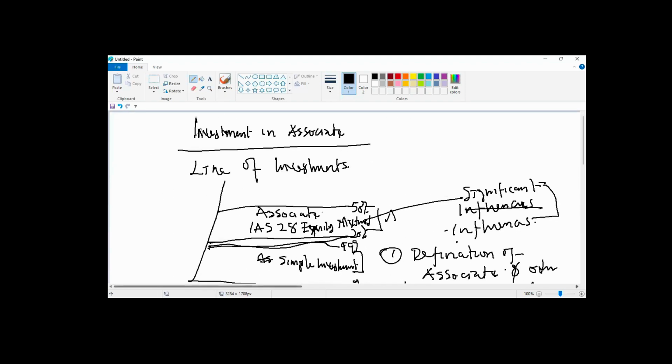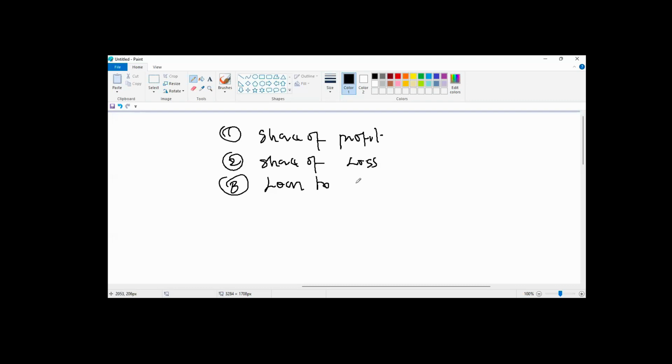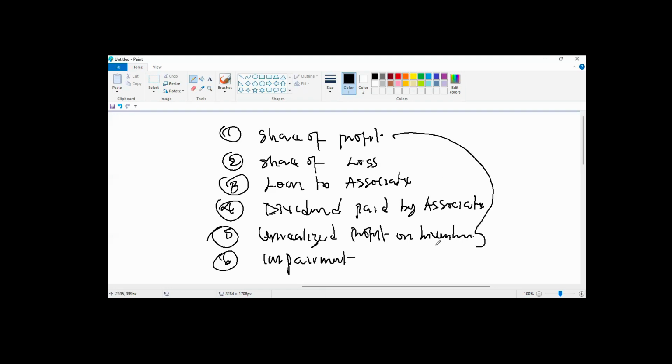My brothers and sisters, it's only 6 items. 1, share of profits. 2, share of loss. 3, loan to associates. 4, dividend paid by associates. 5, unrealized profits on inventory. 6, when associates have impairment.